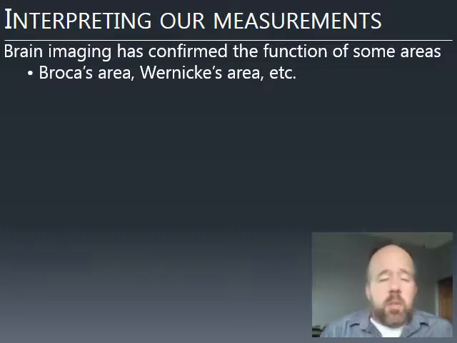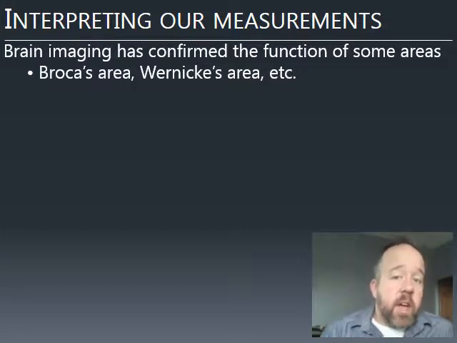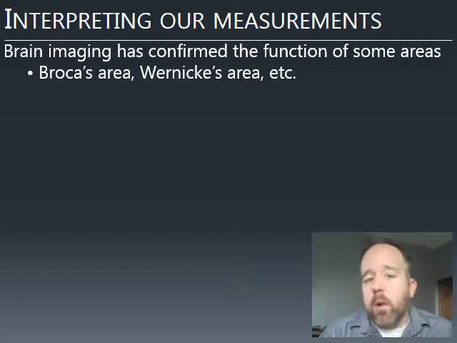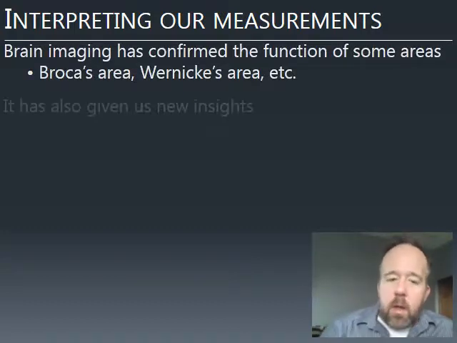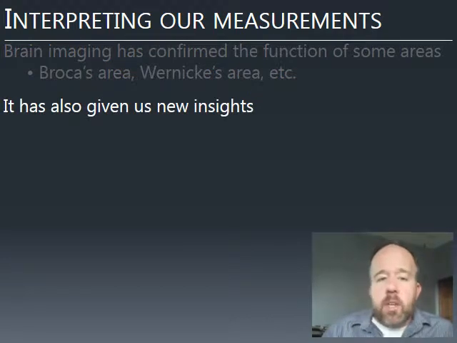There are decision-making tasks or tasks that require self-control, tasks that employ the frontal lobe, the part of the brain that Phineas Gage had lost. When you have people perform these tasks while undergoing brain imaging, you can see activity in the frontal lobe. And of course, not all brain imaging is used to just confirm previous hypotheses.